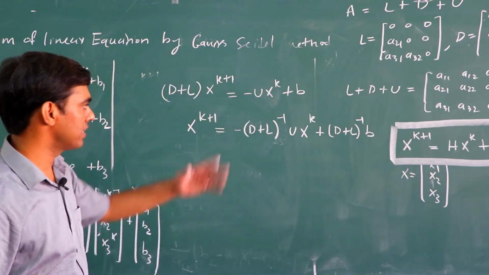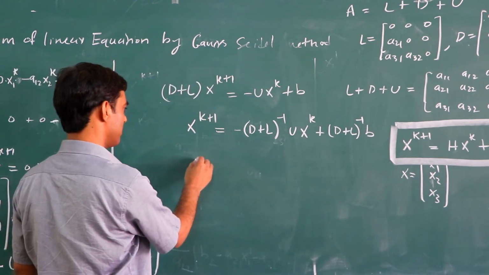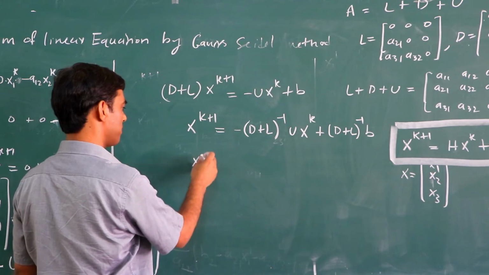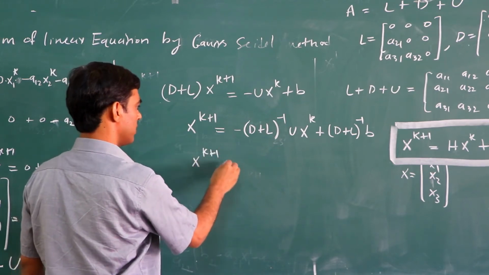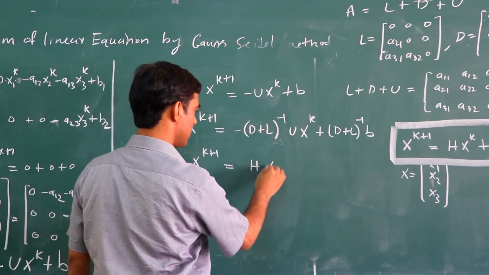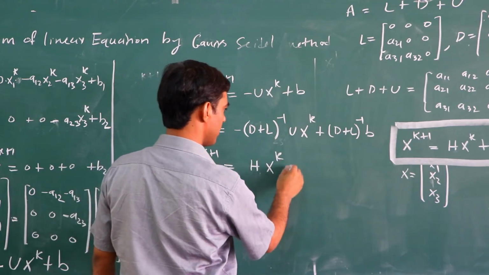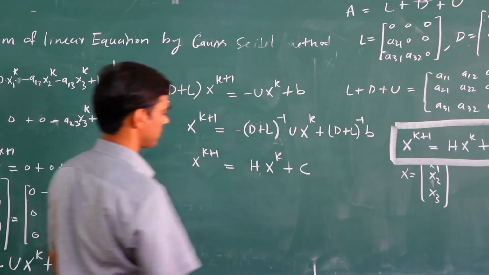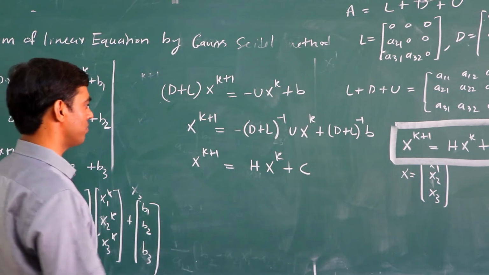If we compare with the standard result, x k plus 1 equals H x k plus C. So what is the value of H?